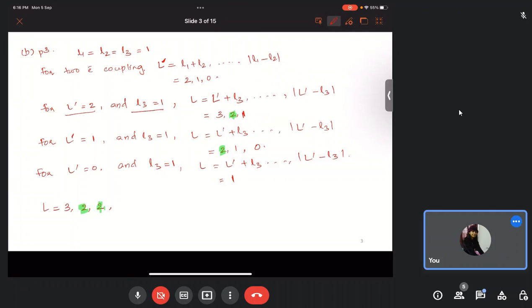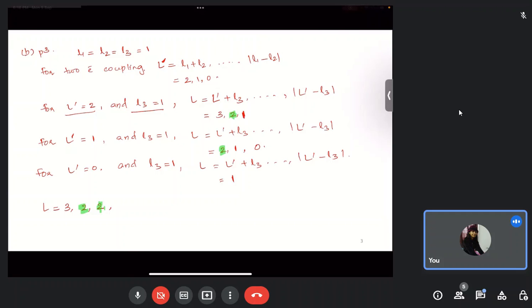We have two 2s, one from L prime 2 and L3 1, and the other from L prime 1 and L3 1. The 1 comes from L prime 1 and L3 1, and the last one from L prime equal to 0. So there will be one F term, two D terms, three P terms and one S term coming for this particular electronic configuration.